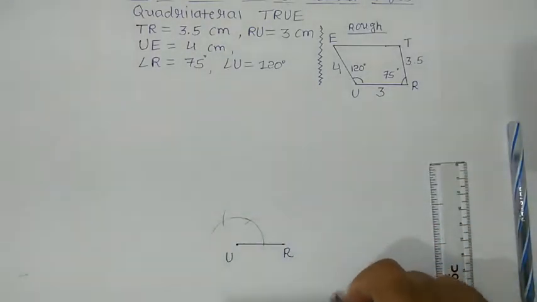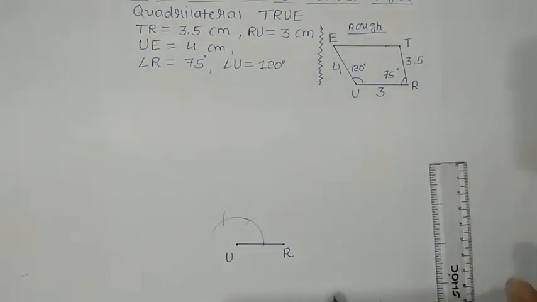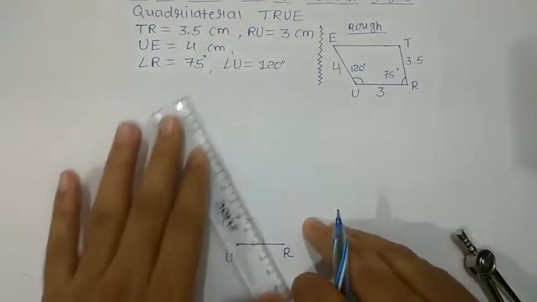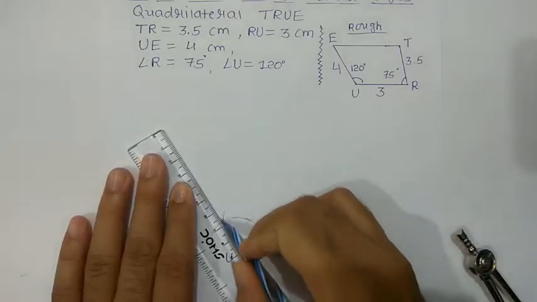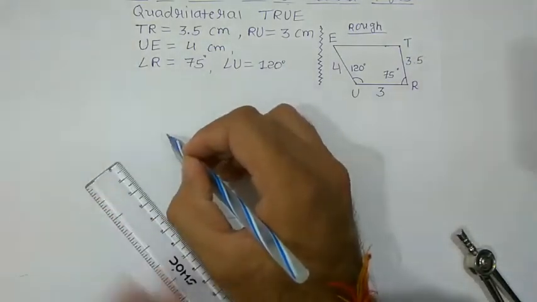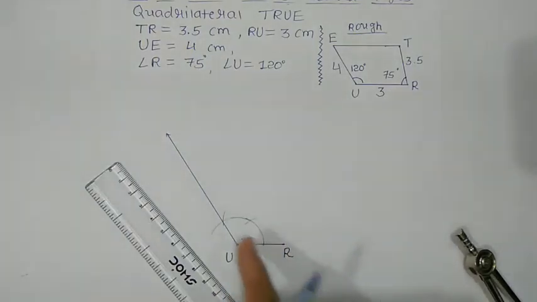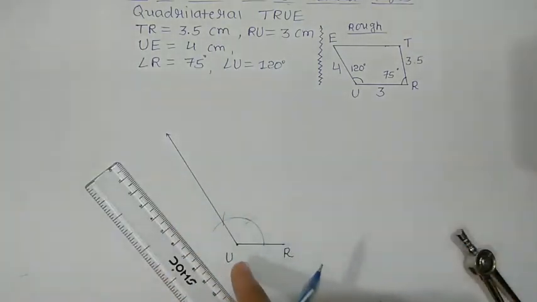Okay, so now if we join this point and this point, then we will get a 120 degree angle. Whatever line segment we get here, this angle now measures 120 degree. Okay, if you don't know how to do this, you can use the angle measure instrument to draw the angle.